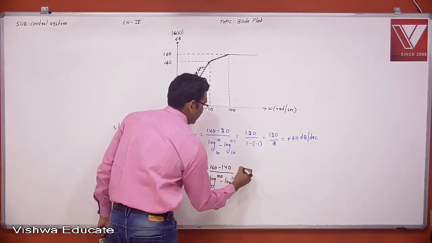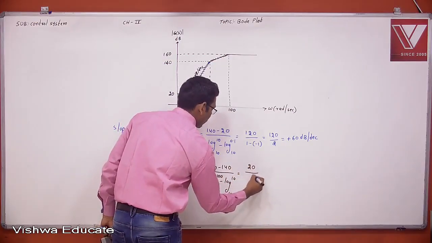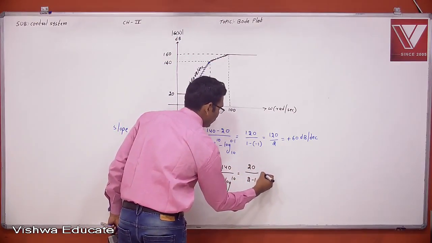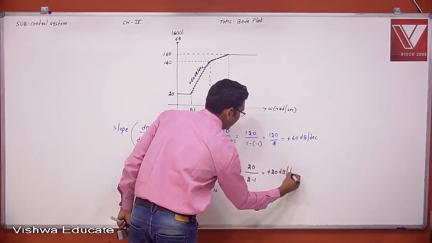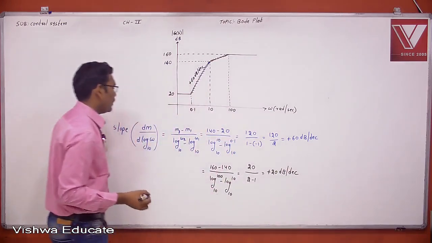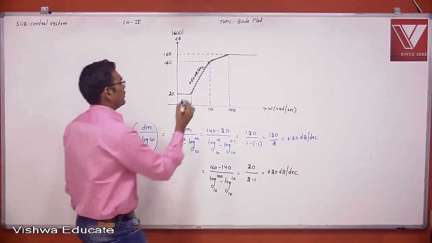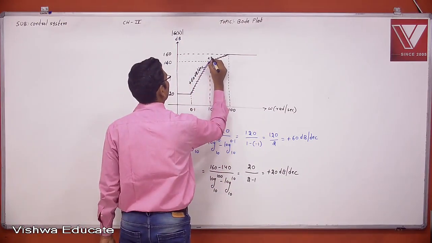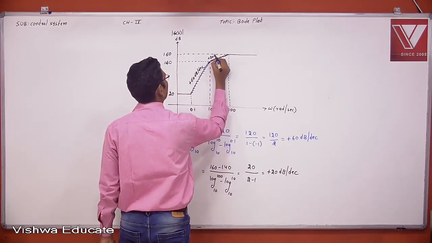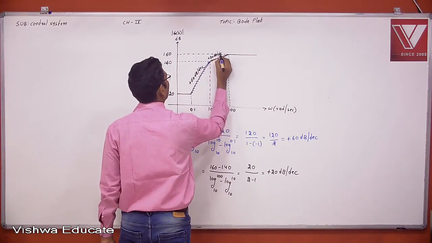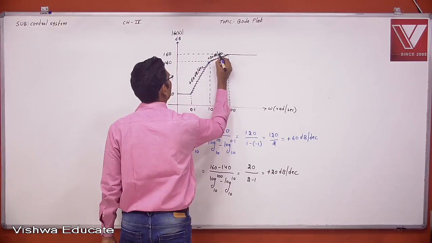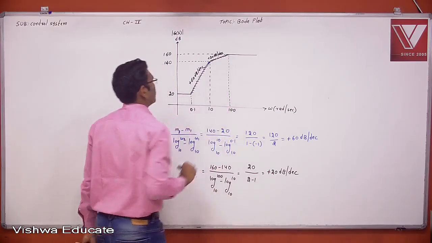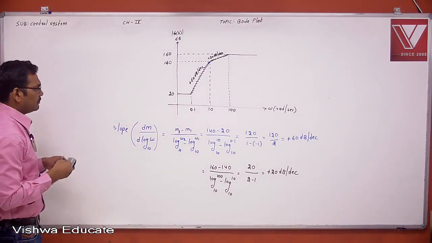Now 160 minus 140, 20, by 2 minus 1, which is equal to plus 20 dB per decade. So this is plus 20 dB per decade.